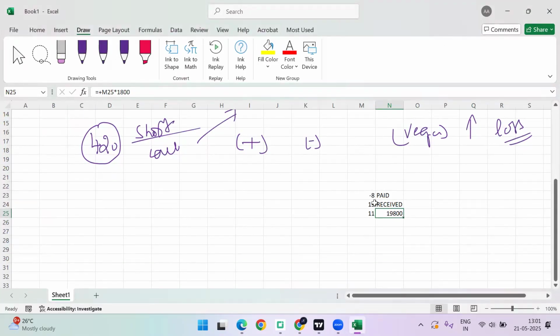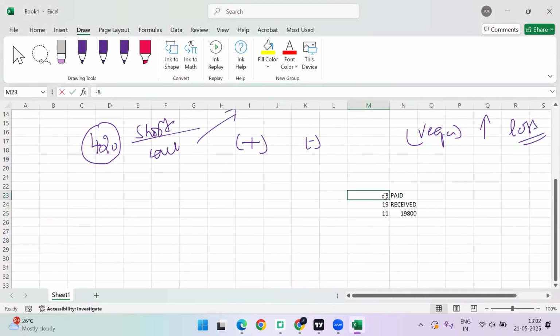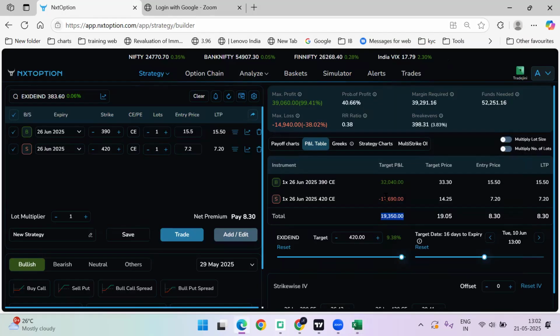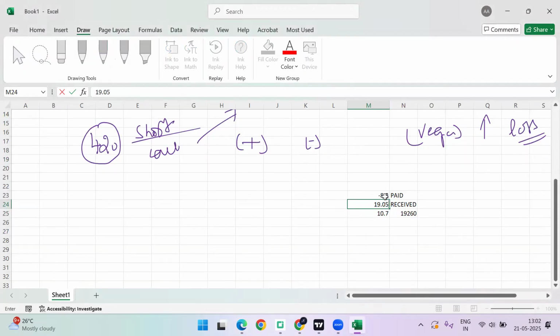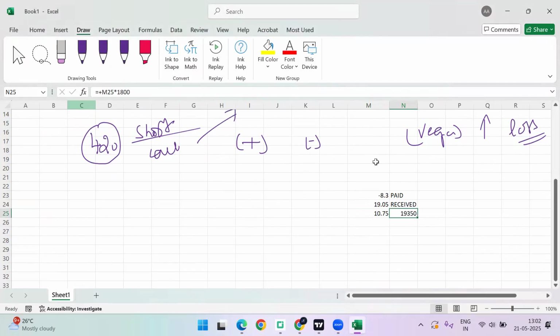Even the decimal makes a lot of difference here. So 19.05, and currently you're paying 8.3. On a real time basis, the premium keeps changing. So you're making around 19,350 as a gain.